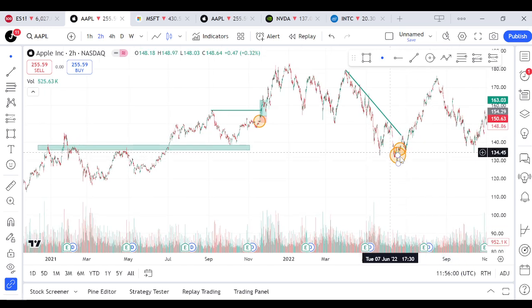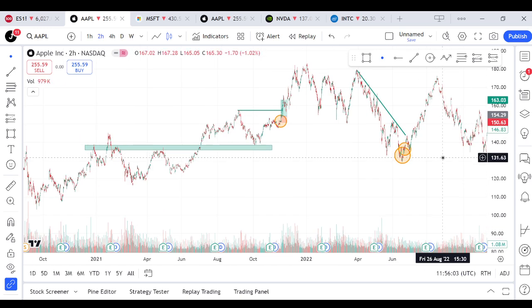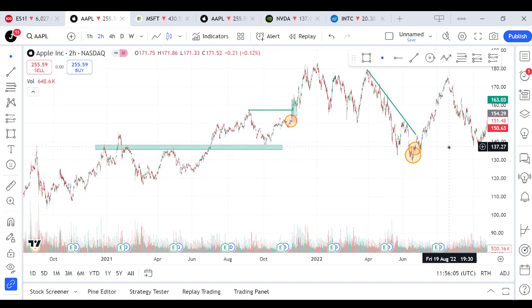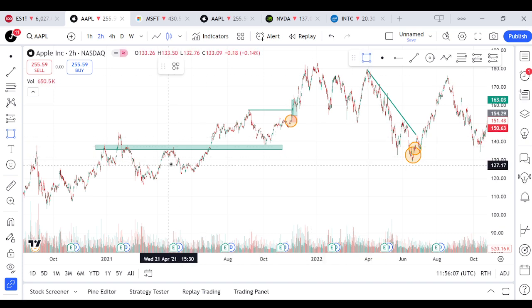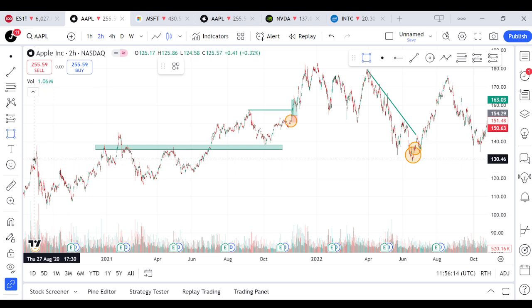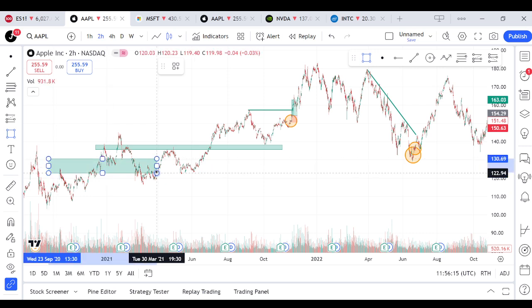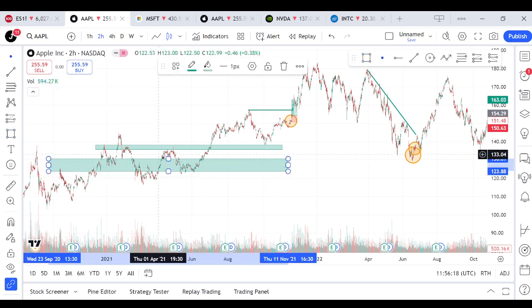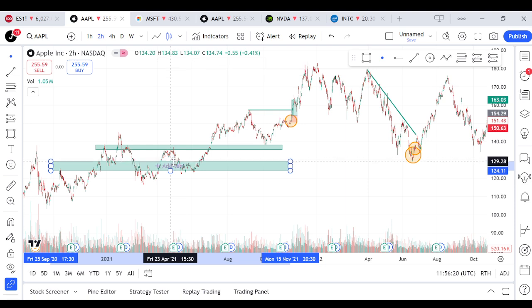So why should we take this trade? Now, if you are a swing trader who is looking at this zone, this key level right here, we take trades from key levels, key support, key resistance levels. So if you look at this level right here, there is a key level right here.